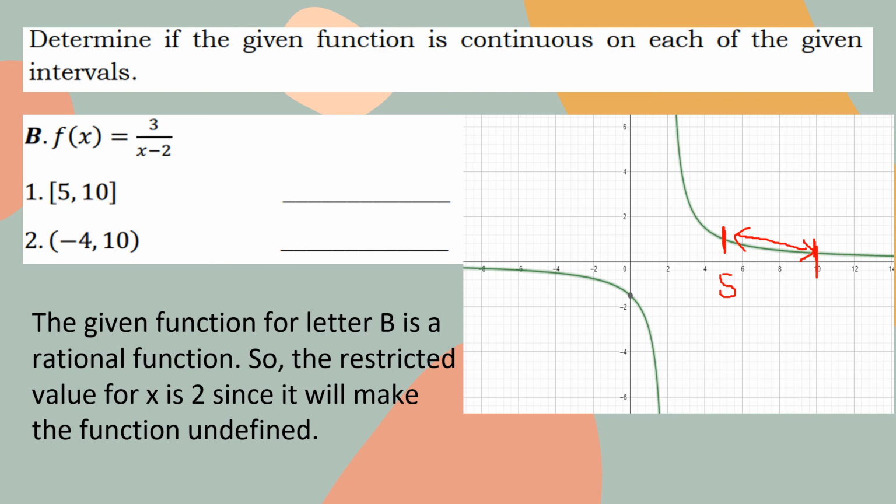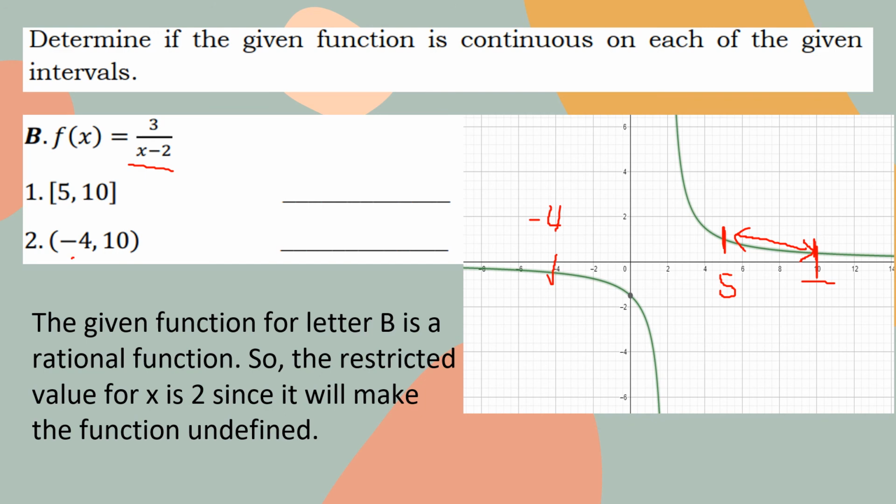From -4 going to 10, it's clear that this shoots down and this shoots up. We cannot meet halfway. So what is the restriction here? x should not be equal to 2.